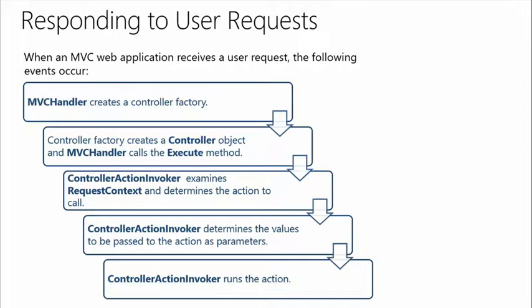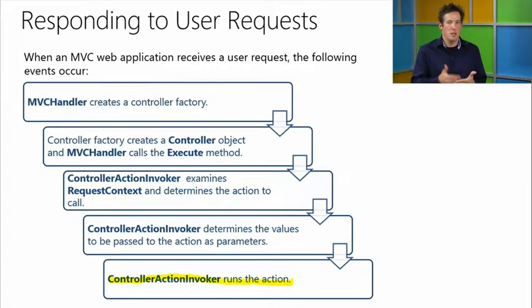Exactly. The main thing that I want to highlight on this slide is down here at the very bottom. The controller action invoker runs the action. For those of you making the transition from web forms, the biggest difference you're going to notice is people are not going to navigate to www.something.com/products.aspx.